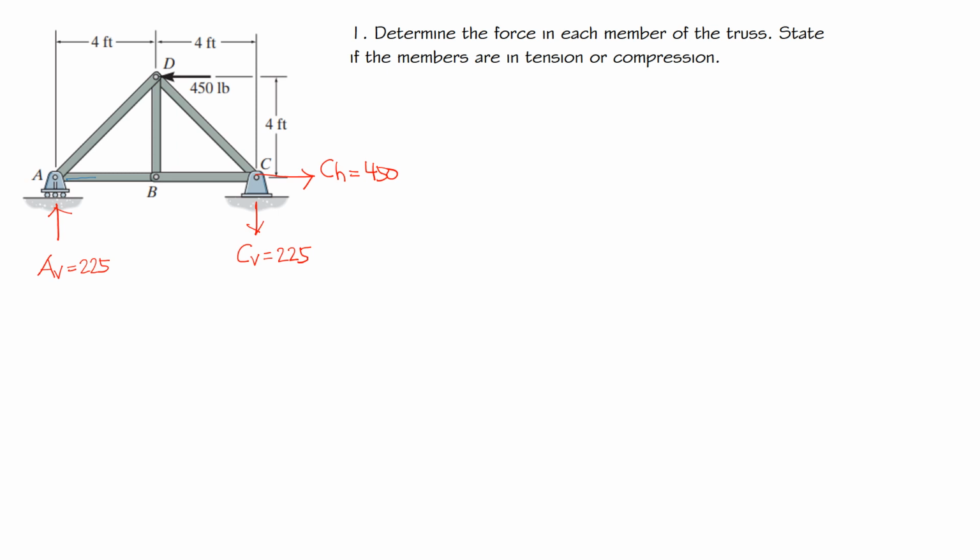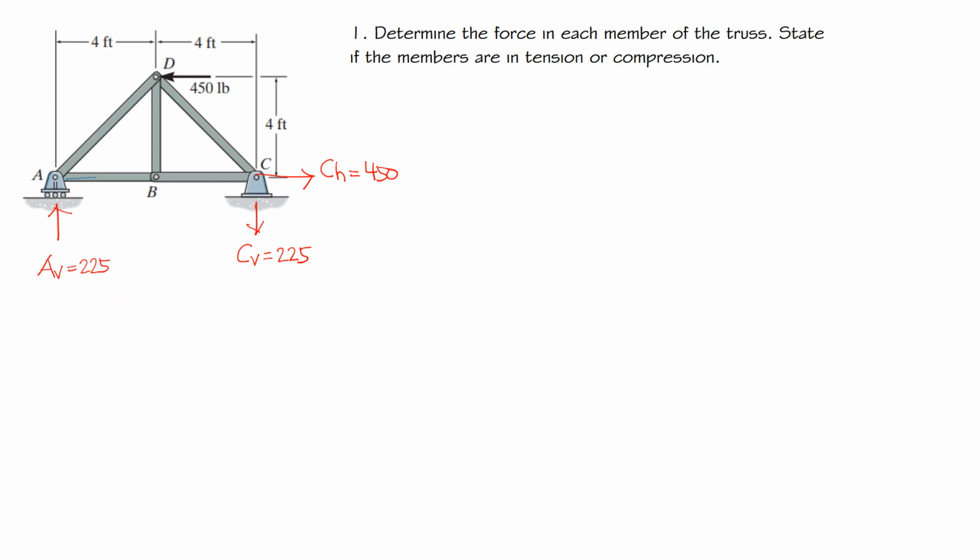We can start with either joint A or joint C, but we cannot start at joint D because at joint D there are many unknowns. We do not know this force, we do not know this force, and we also do not know the force acting on this member.